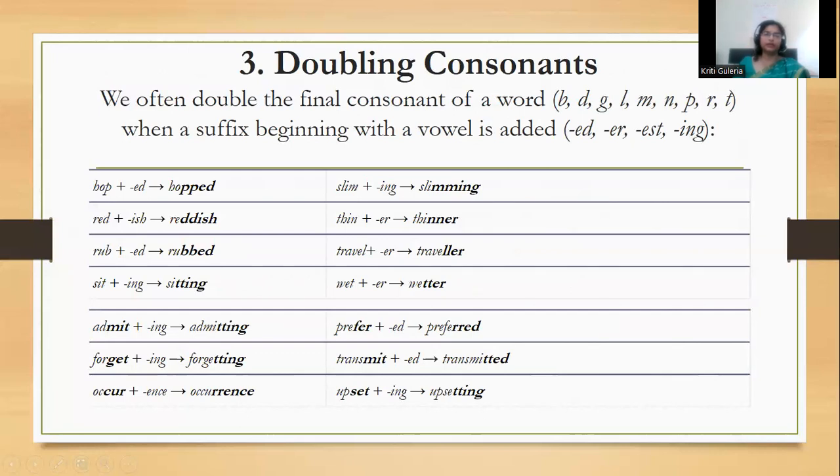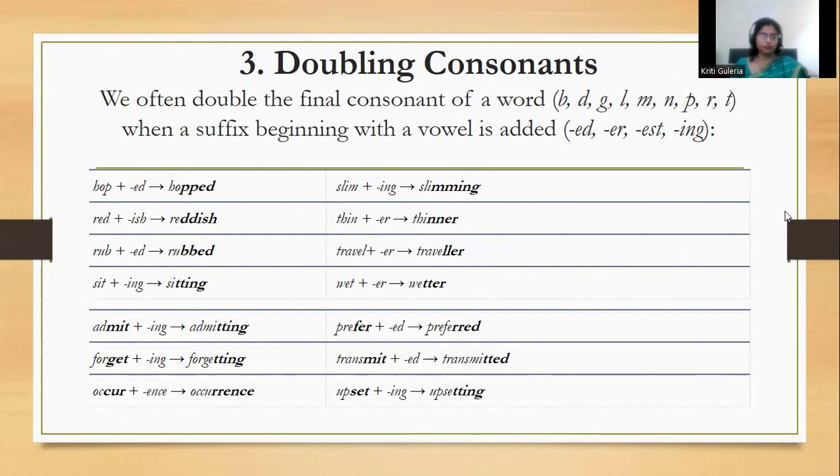Third category under which we have to understand spellings is double consonants. Now, as you all know the difference between consonant and vowel, we have just 5 vowels, A, E, I, O, U, and the remaining letters in the English alphabet are consonants.